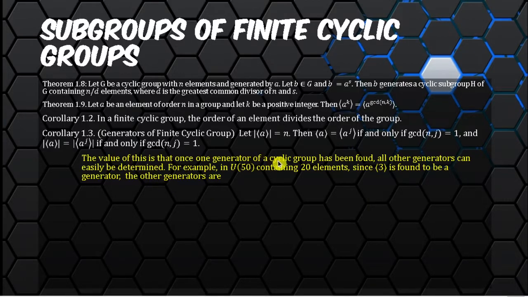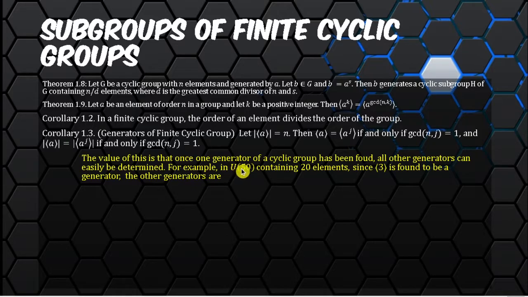Corollary 1.3 is significant if you are given a cyclic group and also you are given kahit isang generator. Using this corollary, we can use that one generator to compute for the other generators kung meron. So halimbawa, ang group natin na binigay ay U of 50.